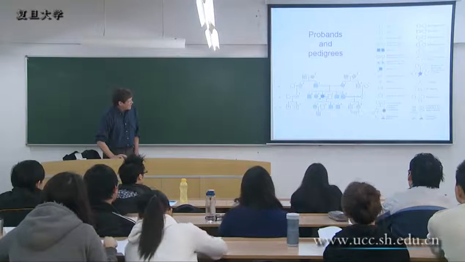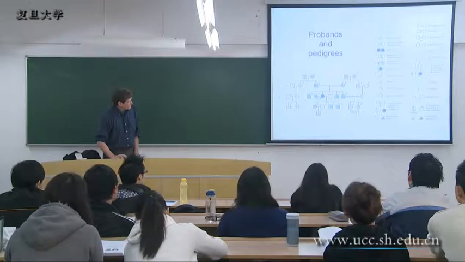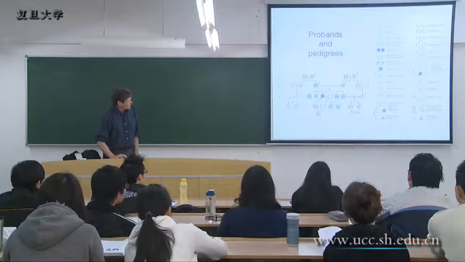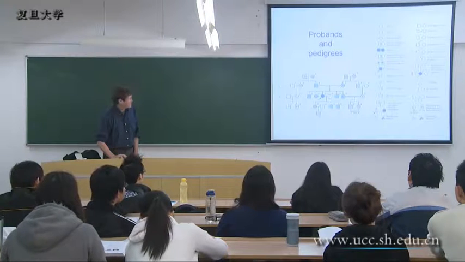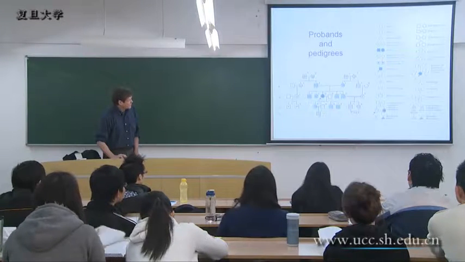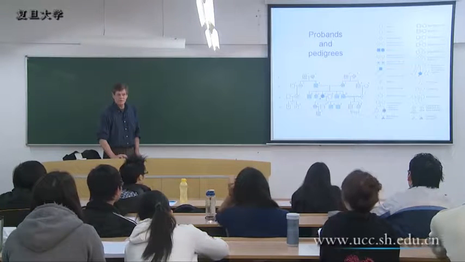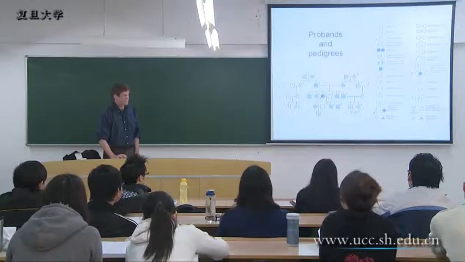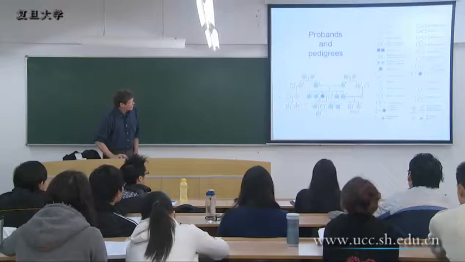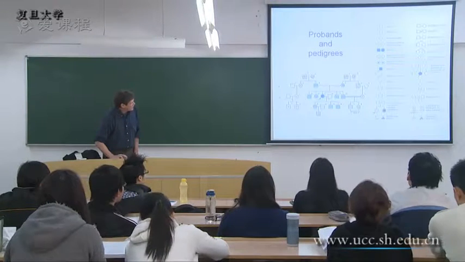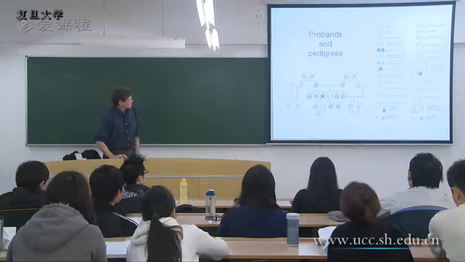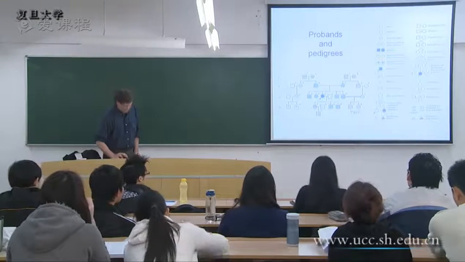Okay, and this would be the children of the proband, and this is the grandson of the proband. So I think probably all of you have seen these kinds of diagrams before. Is that right? Probably in high school. Yeah. And so again, the square represents a male. The circle is a female.